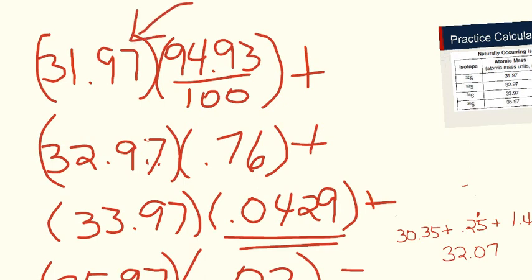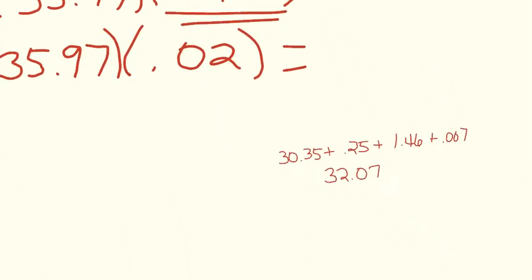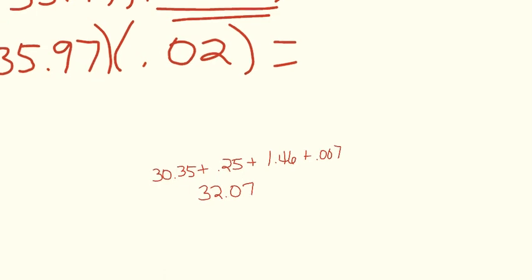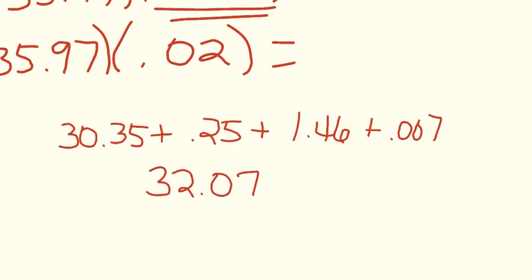So our average should have come close to that because it's 94% abundant. And that makes sense. Our average did come closest to 32. And there we go. So when you get into class, you'll do some more practice problems.